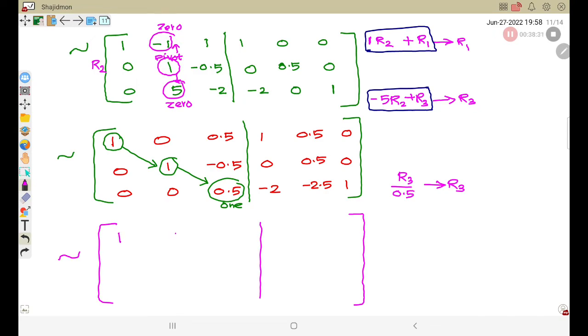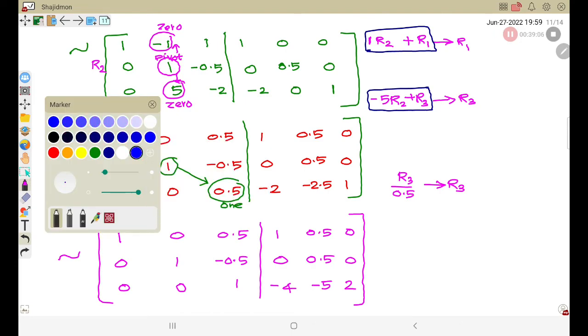First row 1, 0, 0.5, 1, 0.5 and 0, and 0, 1, minus 0.5, 0, 0.5 and 0. Then last row 0, all the numbers we need to divide by 0.5. 0 divided by 0.5, 0, 0 divided by 0.5, 0, 0.5 divided by 0.5, 1. Minus 2 divided by 0.5, we are getting minus 4, here minus 5 and 2, correct?